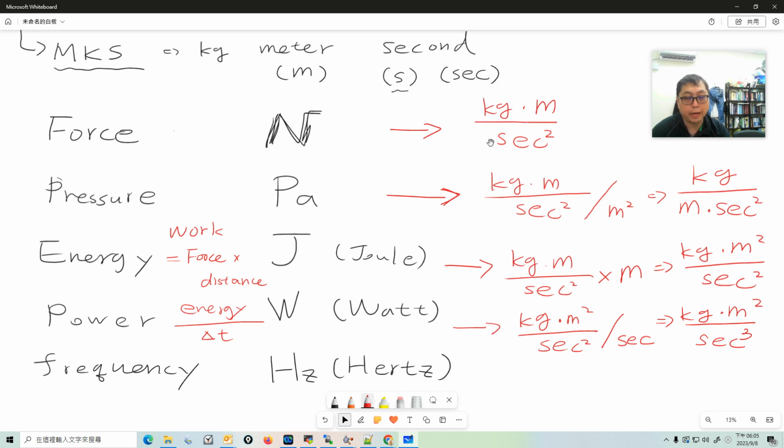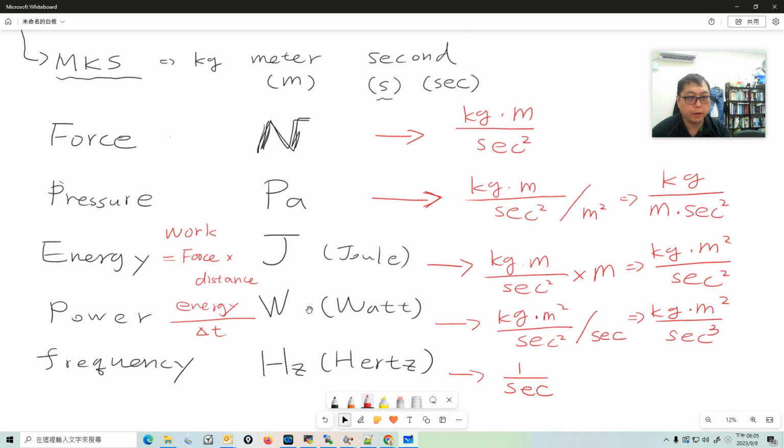If in future you want to do some calculation in physics, try to memorize these, because it will help you with unit conversion. The final one is frequency. For frequency we use 1/second. It's very simple. So that basically introduces the MKS system.